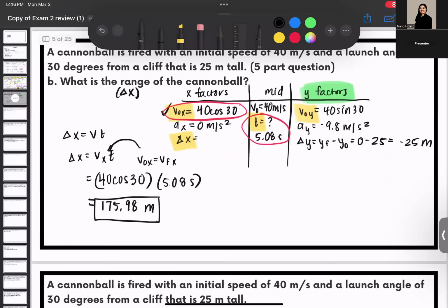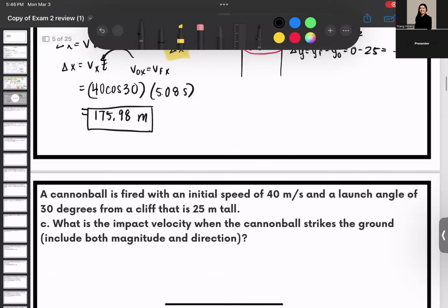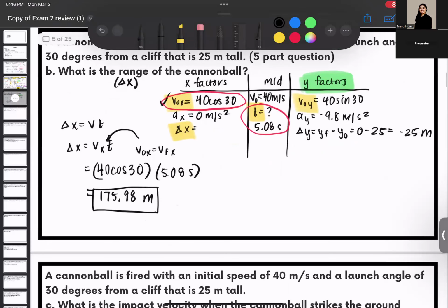So I'm going to copy and paste this again.